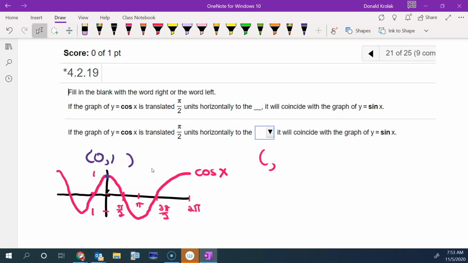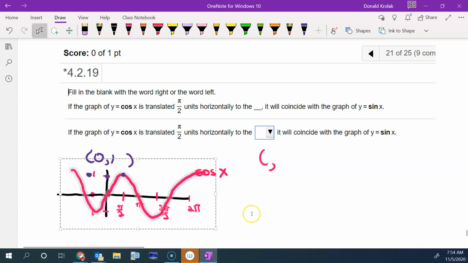Yep. Now I'm going to slide it till it's at pi over 2, because it's asking me, do I slide it right or left? Let's see. I'm going to grab it and slide it to the right. And now it looks like a sine graph.